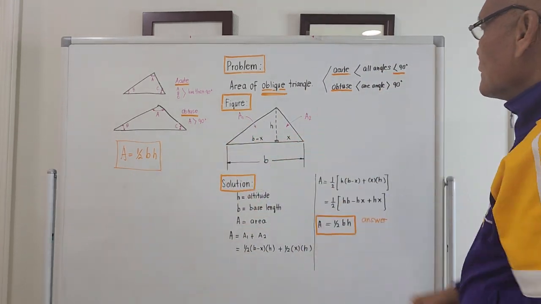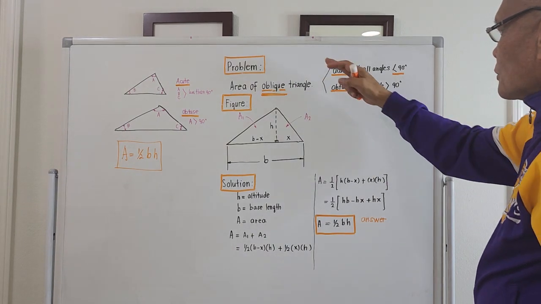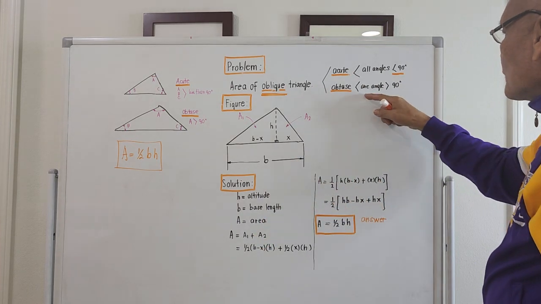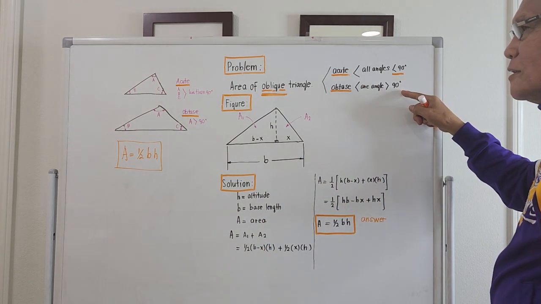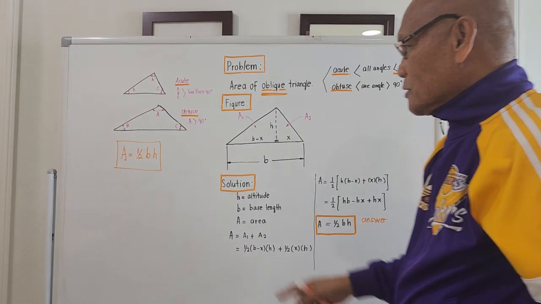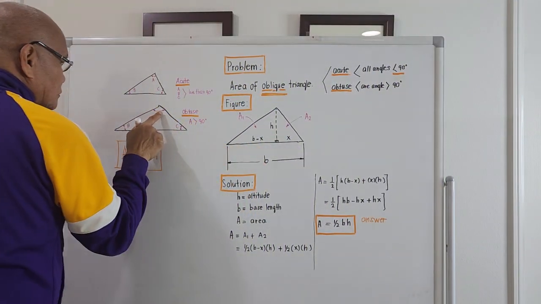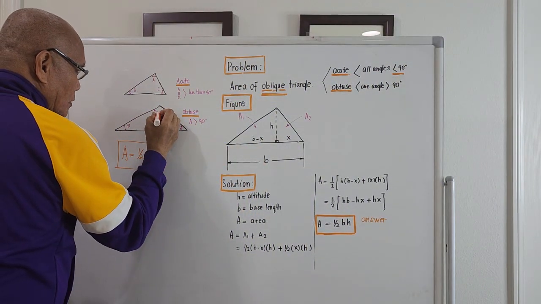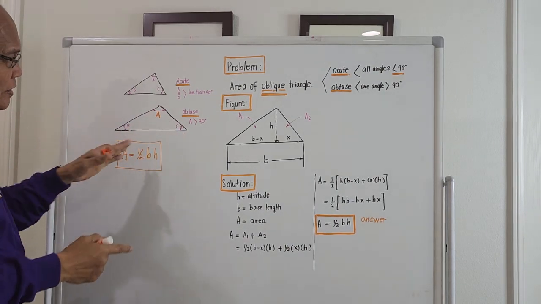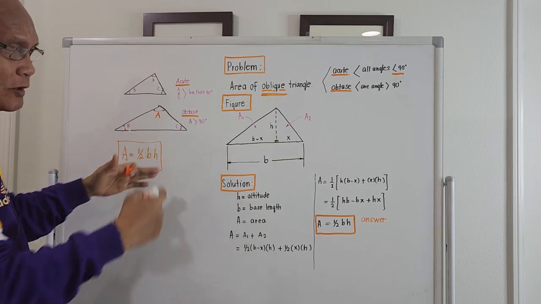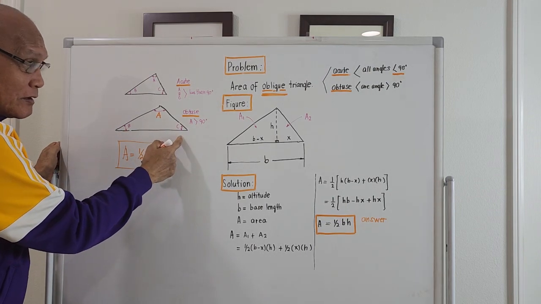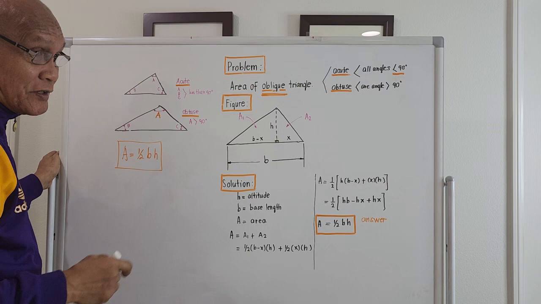And the next condition is that an oblique triangle can also be an obtuse triangle. The condition should be that one of the angles should be greater than 90 degrees. An example of that will be this one. This is angle A, angle B, and angle C. Obviously, angle A, from the figure alone, is greater than 90 degrees, and angle B and angle C are less than 90 degrees.